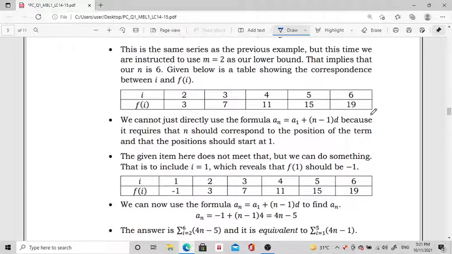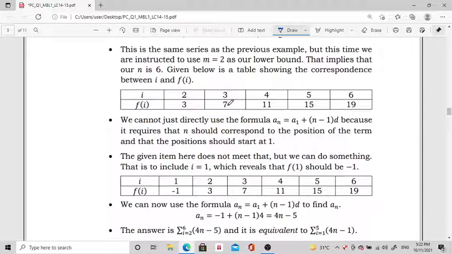So, if that's the problem, na hindi nag-start yung ating positions, yung i sa 1, then we can start at 1, di ba? And by starting at 1, we reveal that the number or the term that should correspond to 1 is negative 1. Bakit? Because, you see, we have to move 4 steps to the left of 3 on the number line.